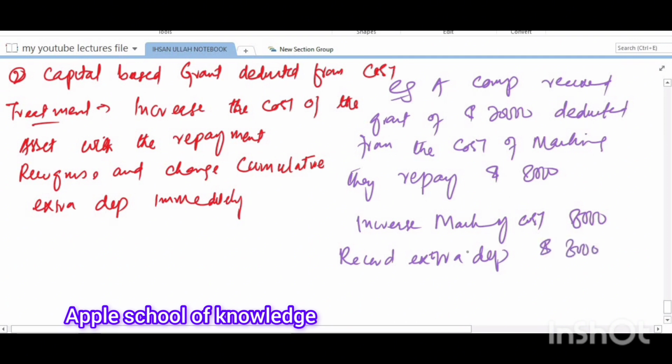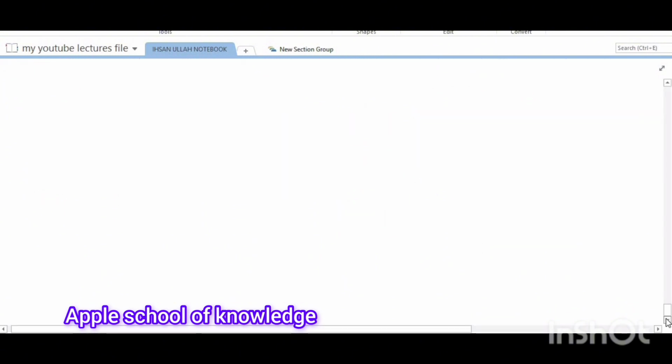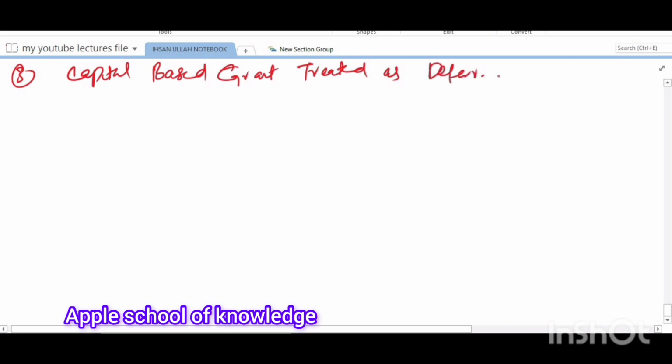We have another type. I think this is the last one, and then we will also do one question from the book to test understanding. And this one, the last one, is the third: the capital-based grant treated as deferred income.